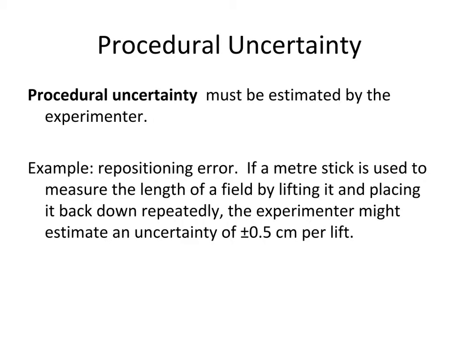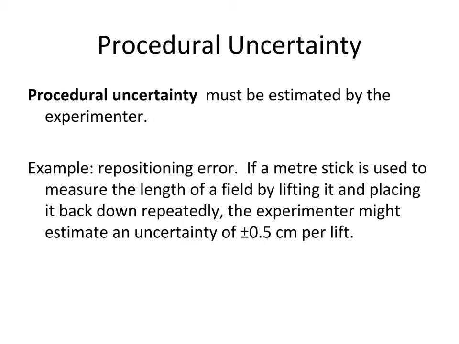Repositioning error, such as when we're using a meter stick, if we're measuring the length of a football field by lifting it and placing it back down repeatedly, the experimenter might estimate an additional uncertainty of 0.5 centimeters per lift, because it's difficult to reposition the meter stick perfectly every time.